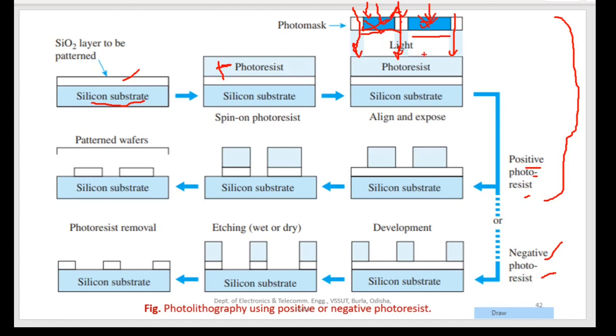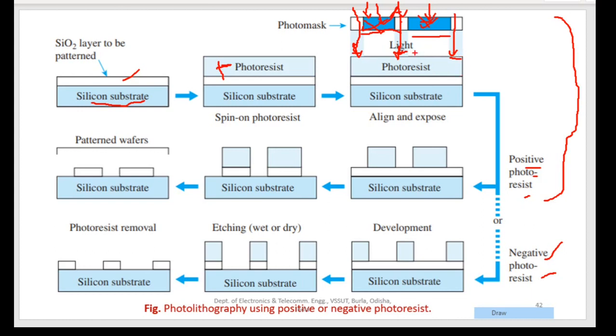Okay, so what happens is that in this case this area and this area and this area get exposed to the light. And the property of the photoresist, in this case a positive photoresist, is that it will react with the light. Wherever it has come in contact with the light, that particular area becomes soft or soluble in nature.